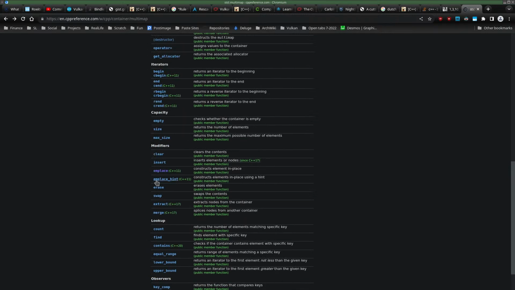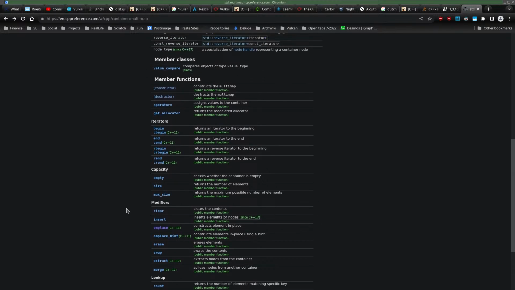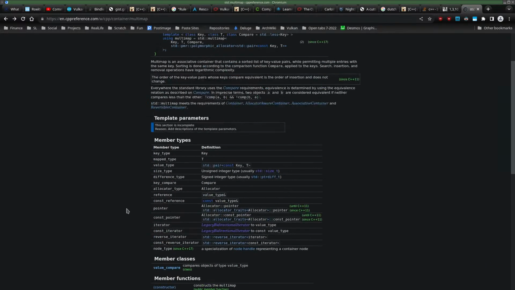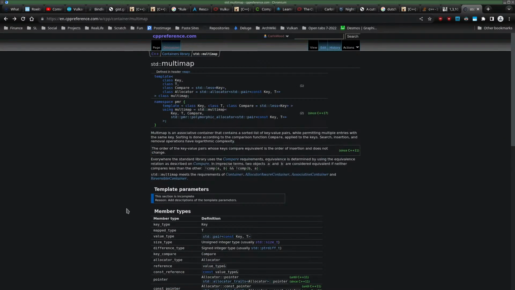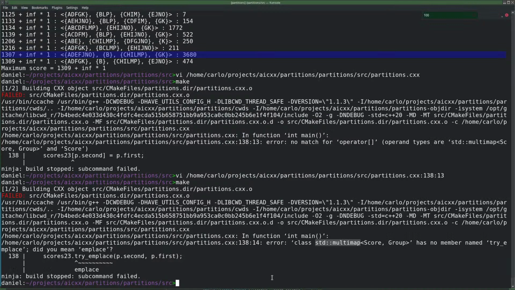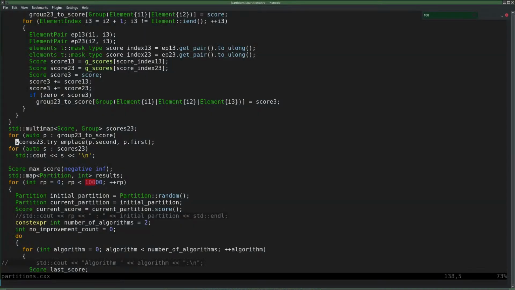Map has a try emplace, but the try means testing if the key already exists, but a multimap can store the same key multiple times, so they don't have it. I think it's a miss, because now you have to use a standard make pair, which I think is ugly.